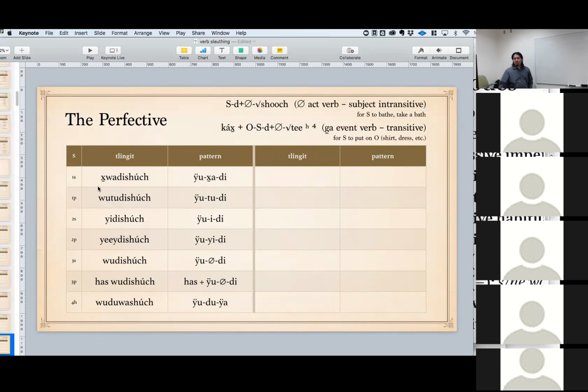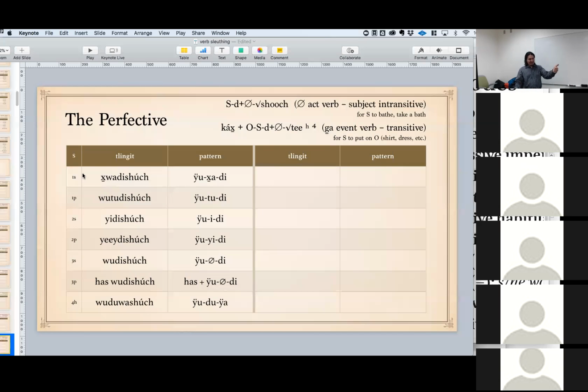We should expect chwadati, watudati, yidati, yidati, audati, hasaudati, waduati. This is how we learn how to predict this stuff. There are all these different components, but if I keep looking at examples and I have to guess them, pretty soon you're not guessing, you're calculating them. This is the math part of your brain putting these together. And so the fun part, and there's lots of fun parts, is now there's the zero version and everything else.